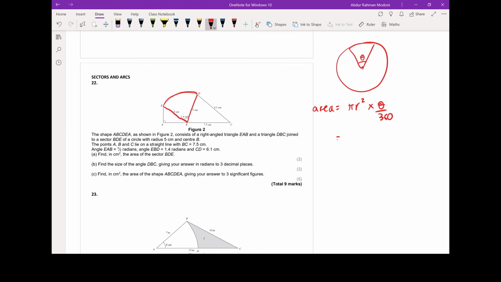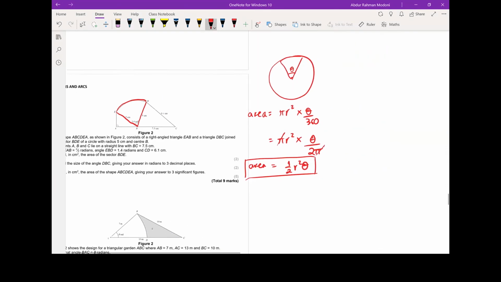Now if we're working in radians, it's pi r squared times theta over 2 pi, and so this simplifies to half r squared theta. So this becomes the area of a sector in terms of radians, where theta is in radians. And this is really important, where theta is in radians.